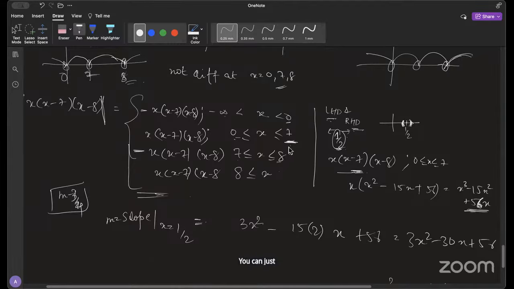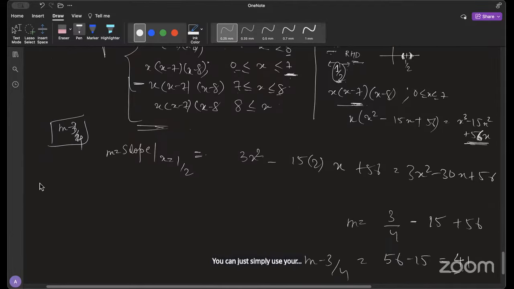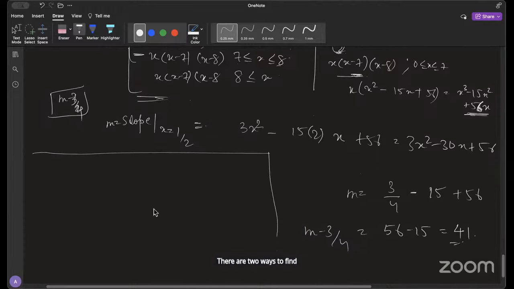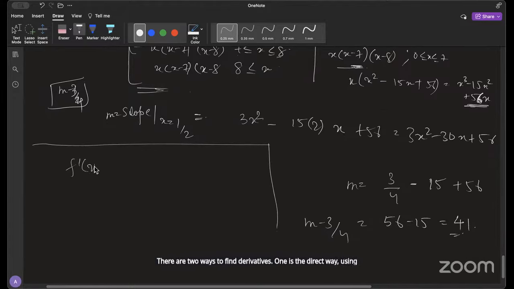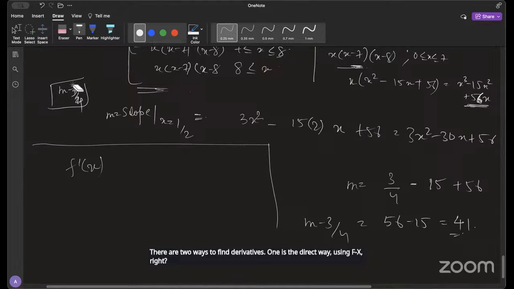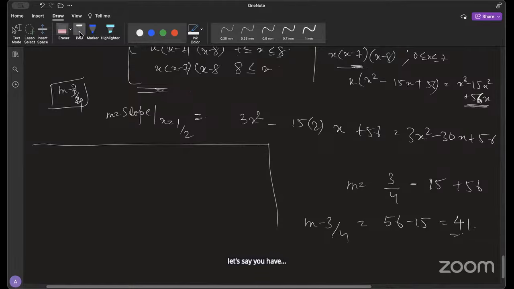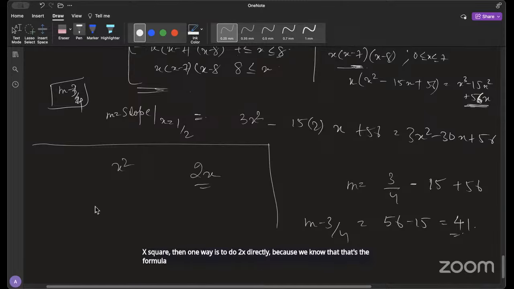You can just simply use, there are two ways to find derivatives. One is the direct way using f dash x, right? Let's say you have x square, then one way is to do 2x directly because we know that's the formula for the derivative. And the other way is you do that entire thing.